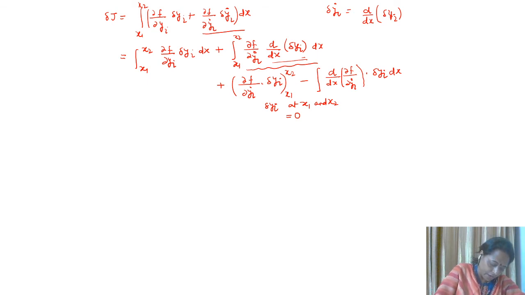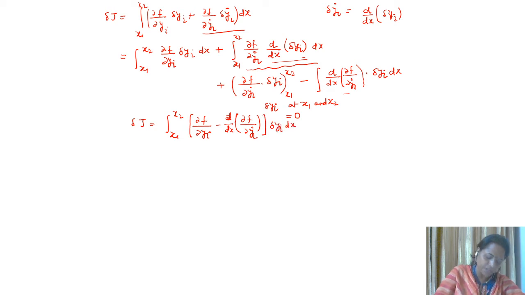And finally delta J is equal to the integral from x1 to x2 of delta F by delta yi minus derivative of delta F by delta yi dot, times delta yi dx. This is delta J. Now for stationary value of J, delta J is equal to 0.